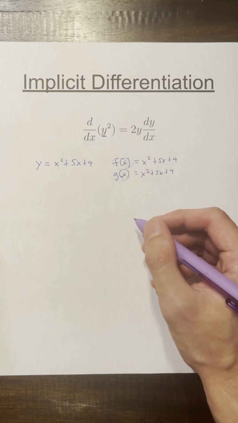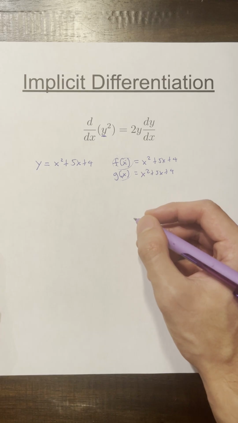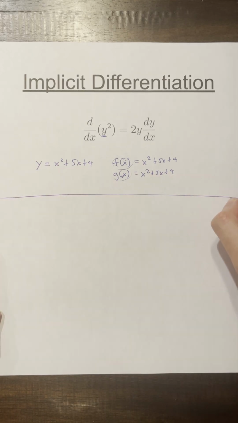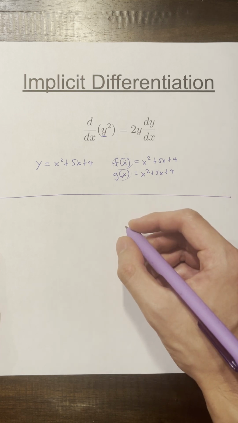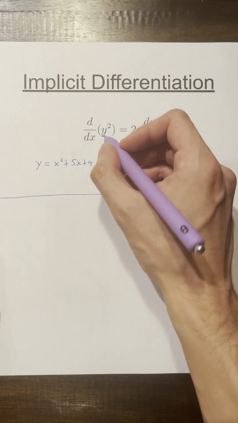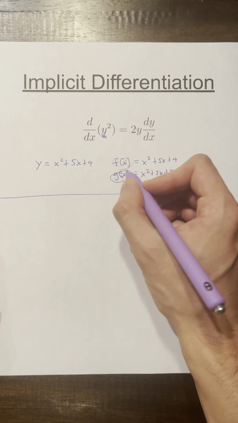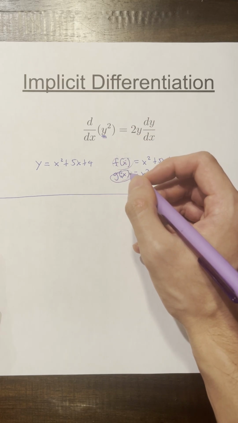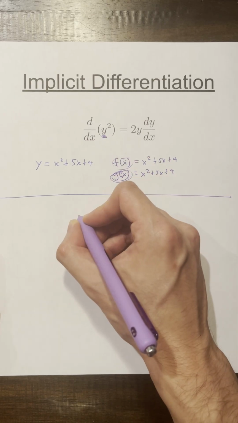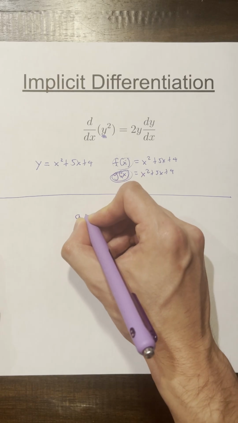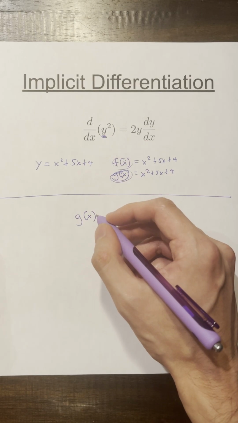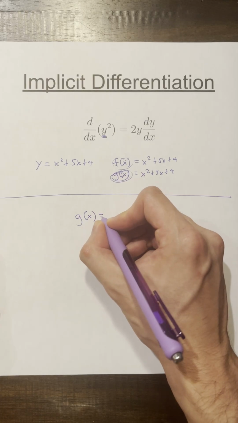Right? Okay. So with that in mind, I'm going to call y g of x. You can name it f of x, but I'm going to call it g of x, and the reason why you'll know later, but I'm going to say g of x is equal to y.